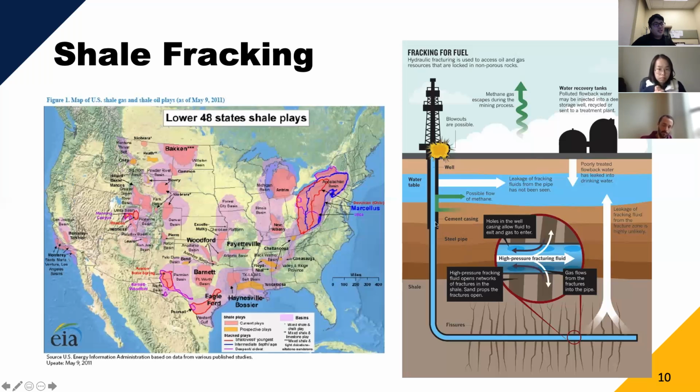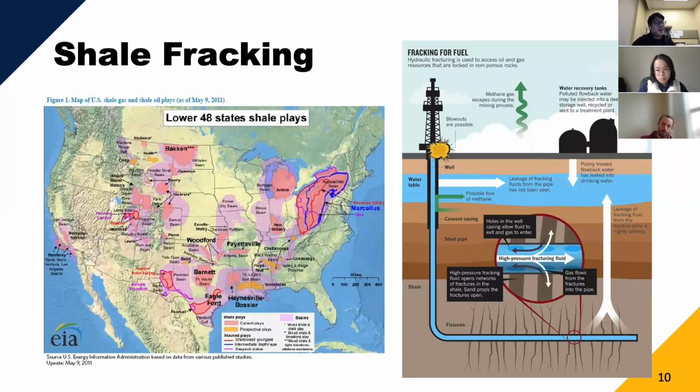The other one is that this process uses a lot of water, and the water that ends up getting used, they can't really do anything with. It's highly toxic water that sits in stagnant pools.